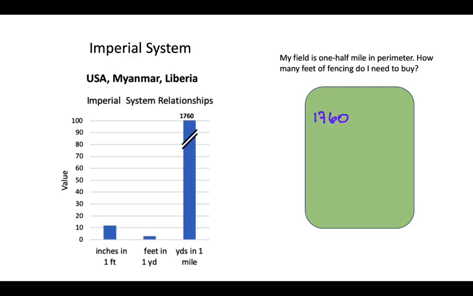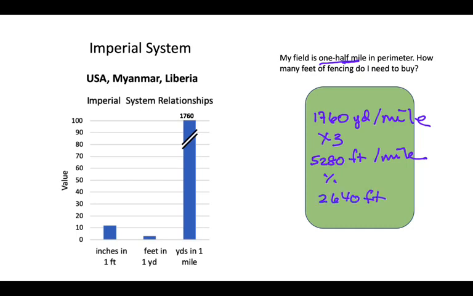Well, first I need to remember that there are 1,760 yards in a mile times 3 gets me to 5,280 feet in a mile, and I have 1/2 mile, so I need to divide that by 2 to arrive at the number 2,640 feet of fencing that I need to purchase. But I had to remember these different numbers to make this calculation.